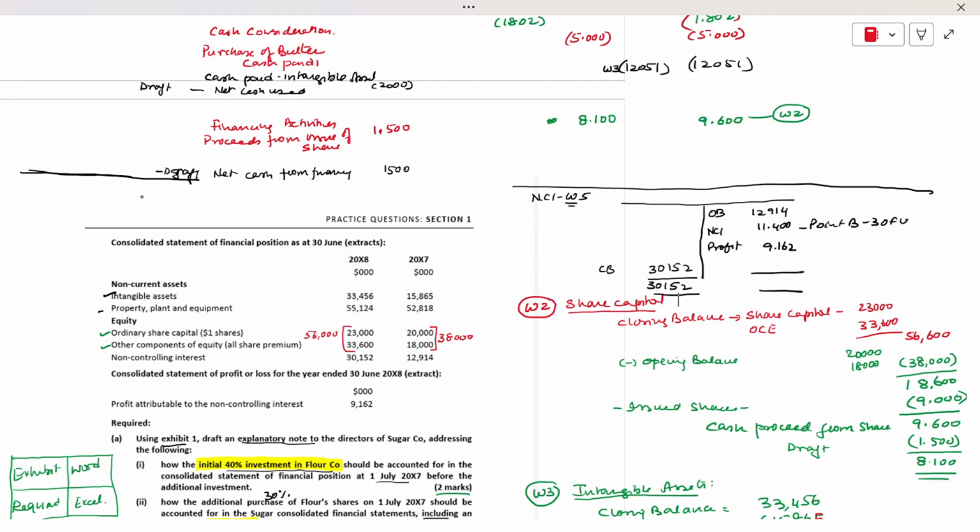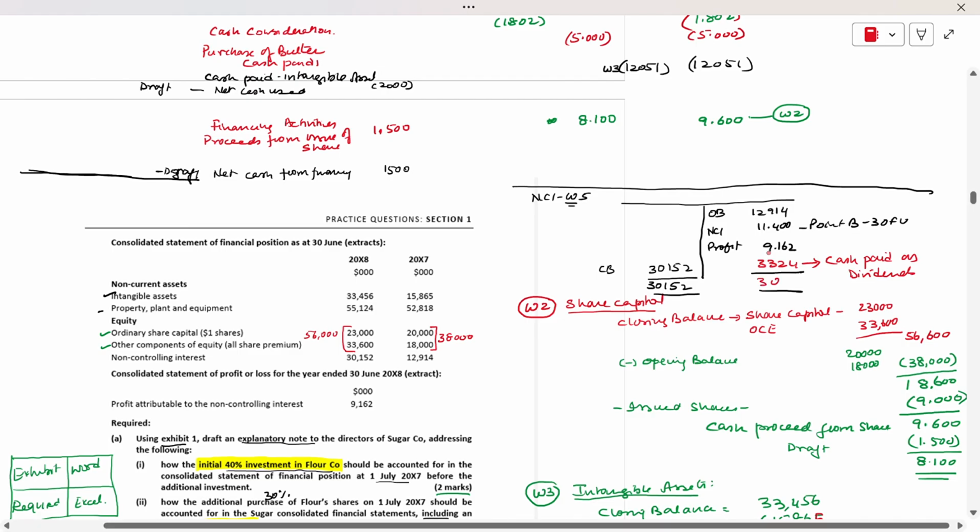How much is there? 3324. 3324 is the cash paid as dividends. Okay, very, very important. Again, I will explain you these things.